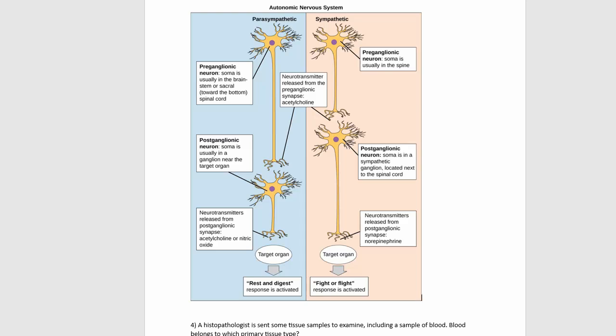So that's either in the spinal cord or in a specific brain region, depending on the division of the autonomic nervous system that you're referring to. Postganglionic neurons, so these ones, are located in autonomic ganglia, which are collections of nerve cell bodies located outside the central nervous system.